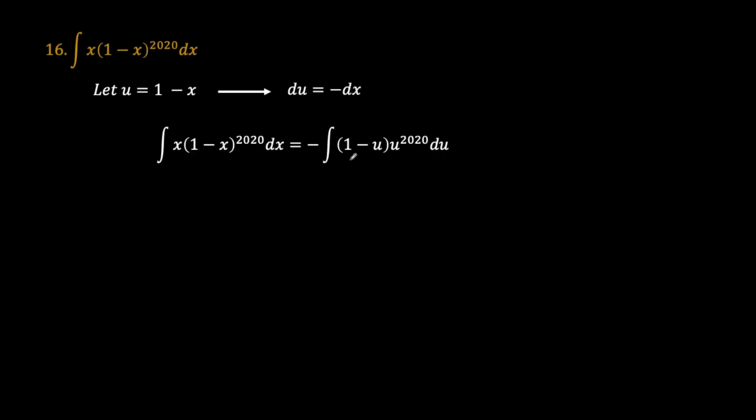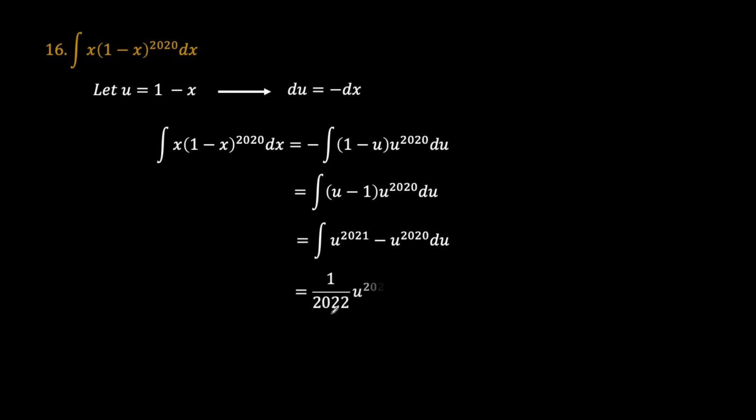And so substituting in for u, we have (1 minus u) times u to the power 2020 as our integral, and multiplying through, we get u to the power 2020 minus u to the power 2021. Integrating that, we have 1 over 2021 times u to the power 2021 minus 1 over 2022 times u to the power 2022, plus the integration constant.